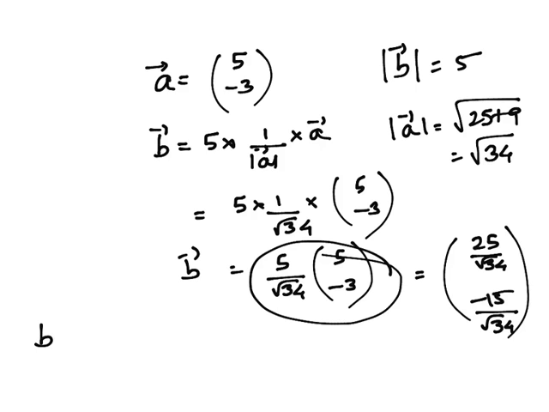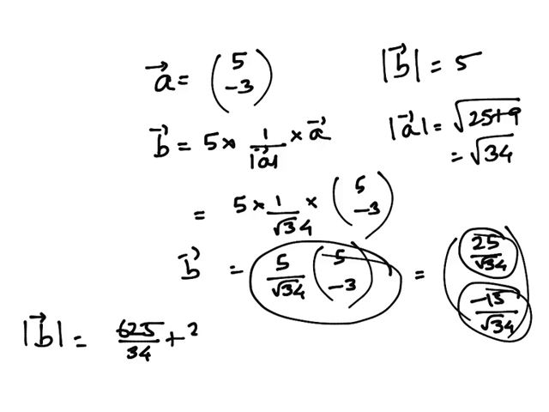So b vector, magnitude of b vector is, so squaring this, I'll get 625 by 34 plus, and squaring this, I will get 225 by 34.